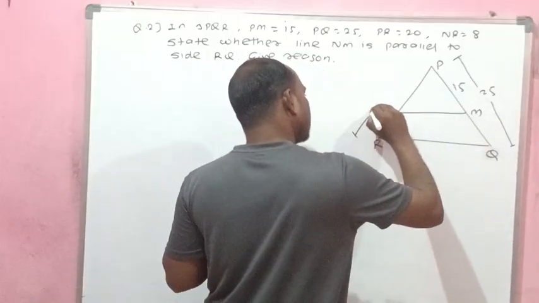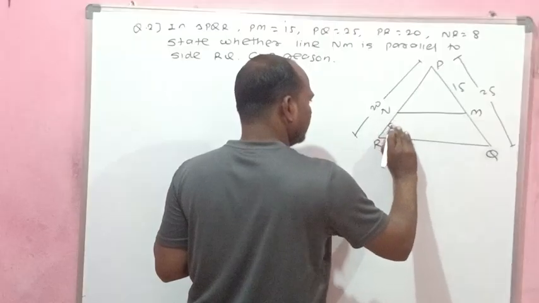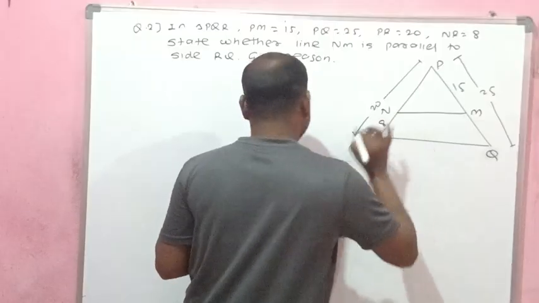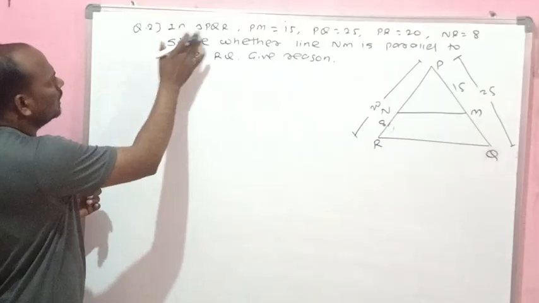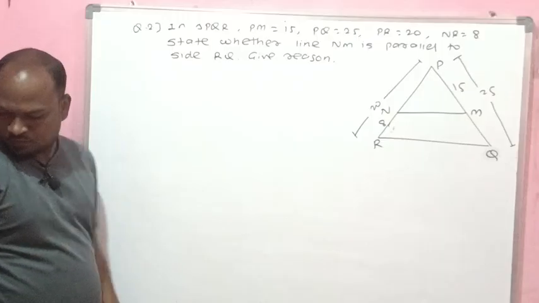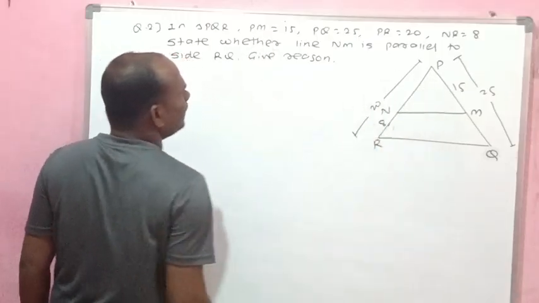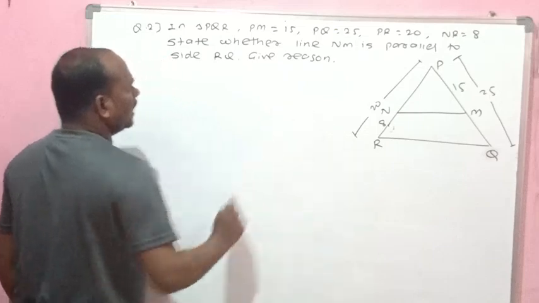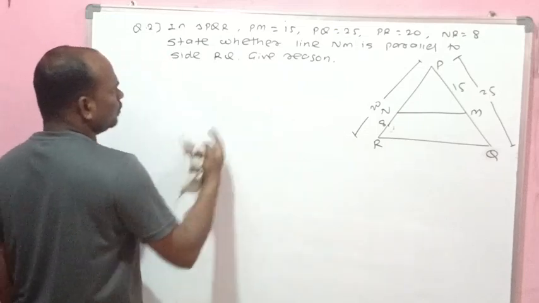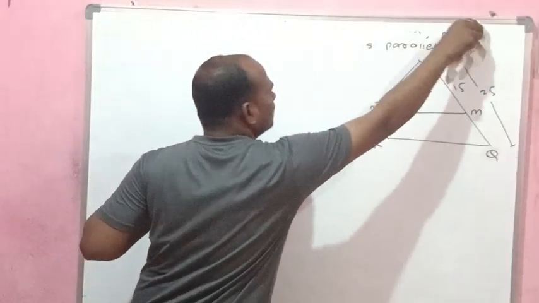Now this value is 20 and this value is 8. Therefore, in triangle PQR, PM is 15, PQ is 25, PR is 20, NR is 8. Then we can prove that NM parallel to side RQ and give reason.